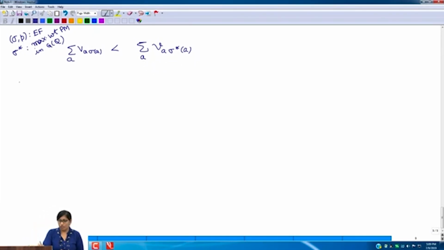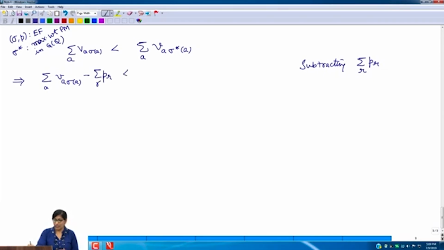So the proof is almost the same. I again do the trick of subtracting the summation of PR from both sides. So this minus summation of PR is strictly less than the summation of VA sigma star A minus this particular quantity.